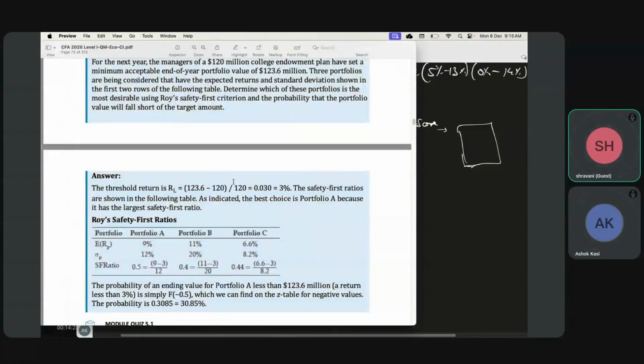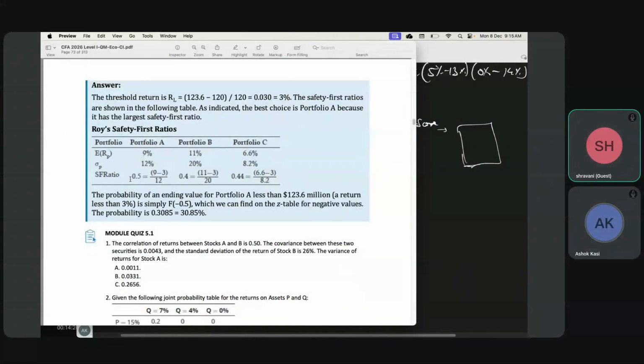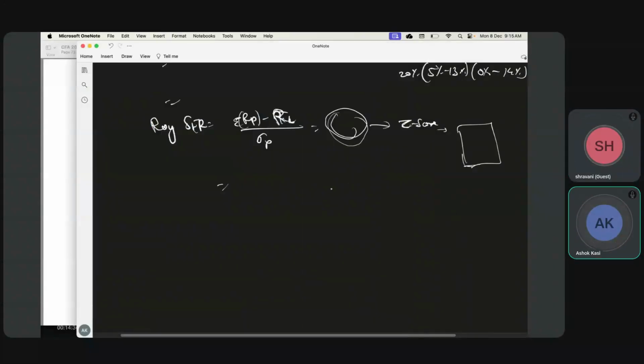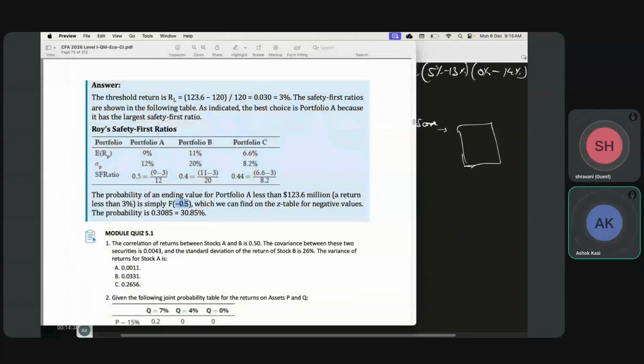Like for example, here it is 0.5. So I will take it as minus 0.5, check the table for minus 0.5, and then find out the probability. In this case, for negative 0.5, it is 30.4.